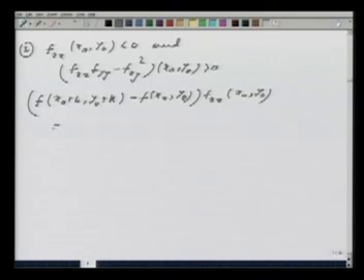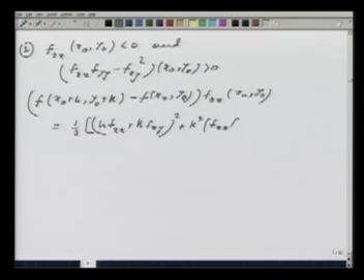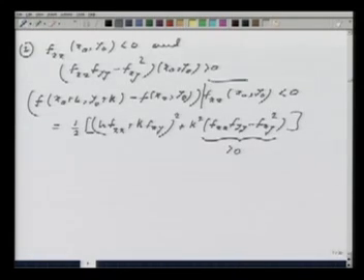I know what this quantity is. This is half of (h fxx plus k fxy)² plus k² times (fxx fyy minus fxy²). Now I am assuming that this is positive, but I am assuming that this is negative, this quantity.